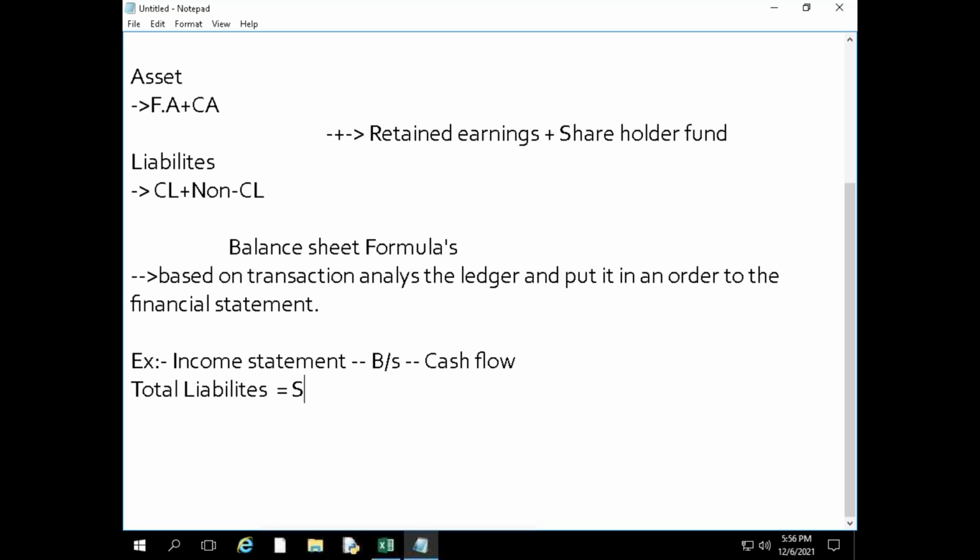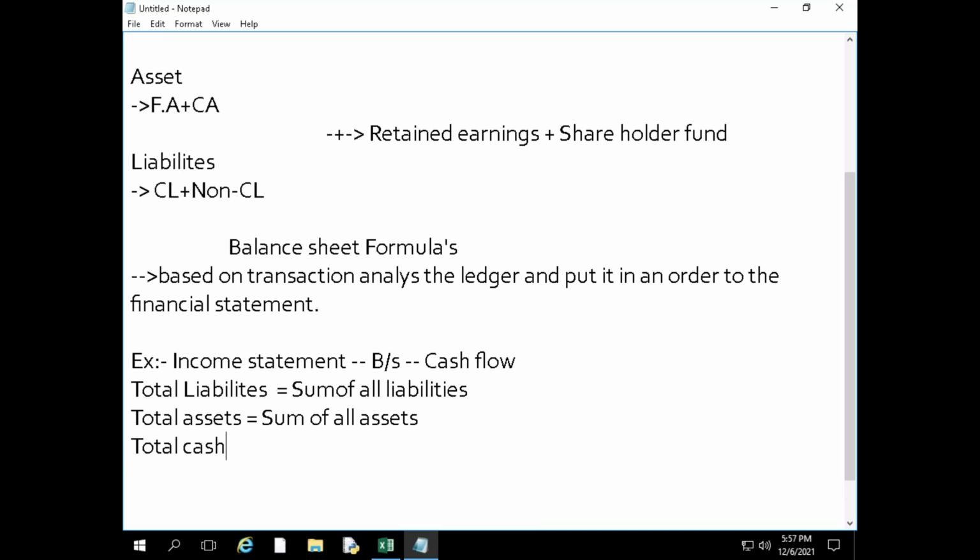Total liabilities, sum of all liabilities. Total assets, sum of all assets.